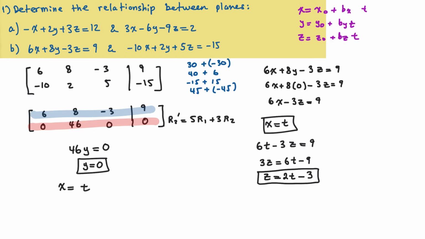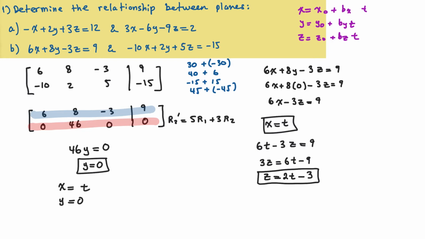And then we are going to have y value is equal to 0. That means that here we will have the 0 as the component of the position vector of our original point plus 0 times t. That means the direction vector has a y component with a value of 0.